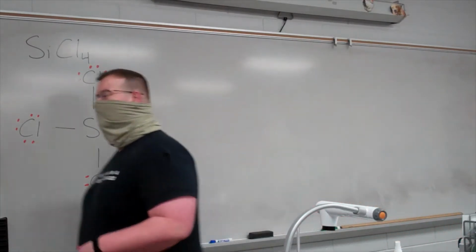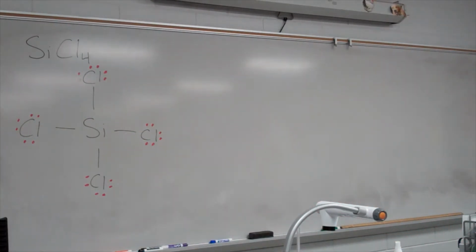And this is where I want to pause, and I want to make sure every one of you knows how we're getting 32. So, let me get my periodic table up. Let's think about it. So going through and making sure we can count these. So this is how I start.